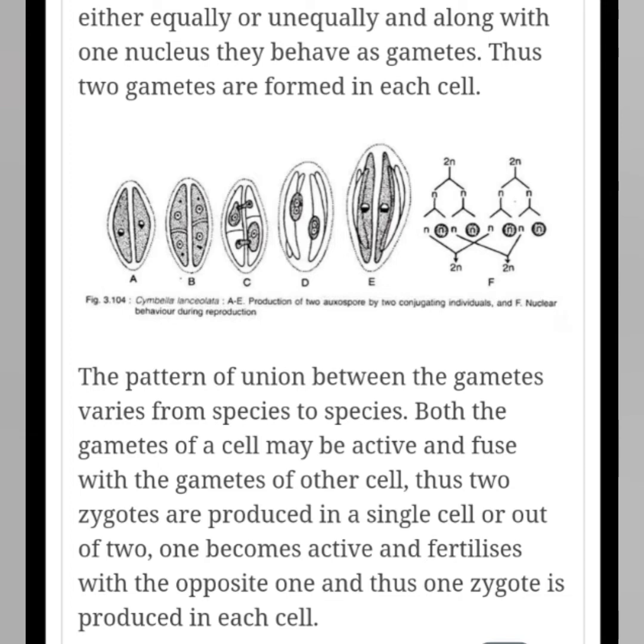The only difference is that in the first type we just discussed, out of four nuclei, only one becomes functional from one cell, so it fuses with the other cell and forms one auxospore. But here, since two nuclei are functional from one cell, these two will fuse with the two nuclei from the other cell, and thus two zygotes are produced and two auxospores are formed.